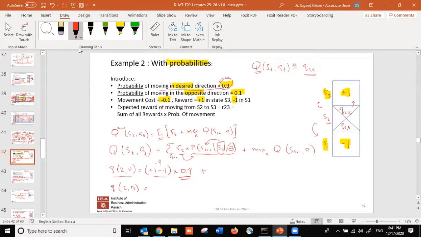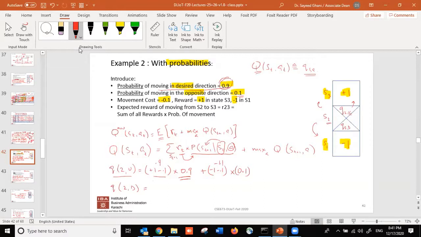Which is basically 0.9 times 0.9. Plus, you could actually go in the opposite direction as well. There's a 10% chance of that as well. So we do a weighted sum, 10% chance of going in the opposite direction. And what's the reward of going in the opposite direction? It's -1, and it would be -1.1, right?